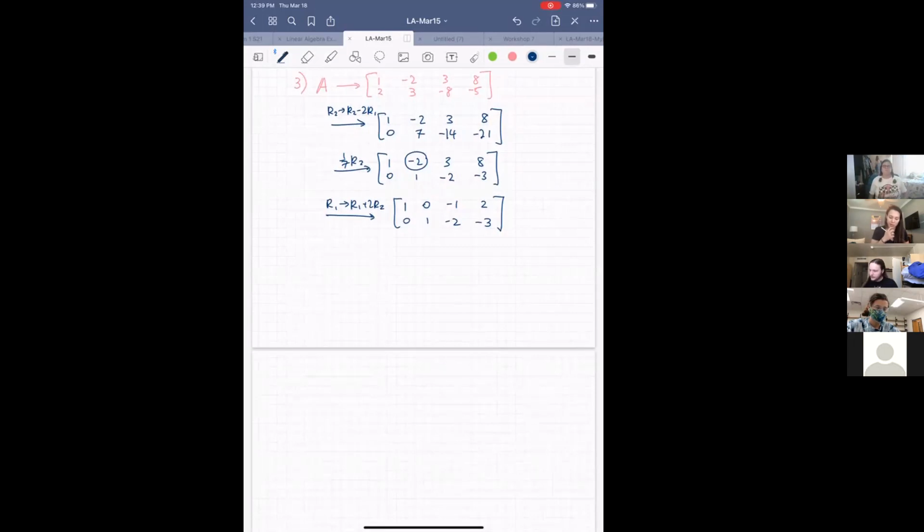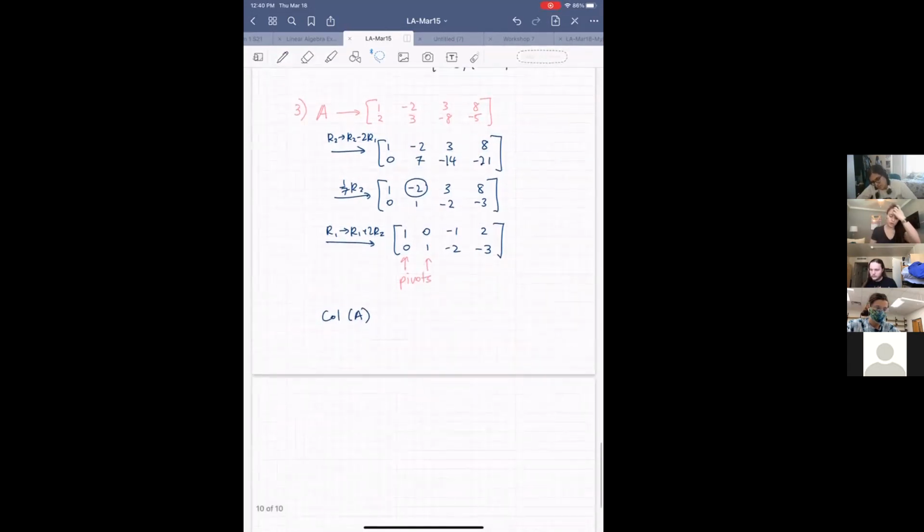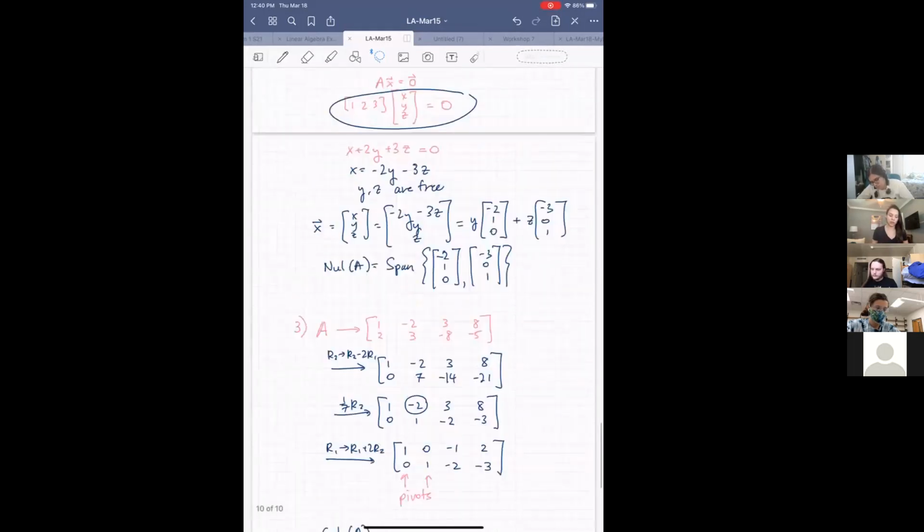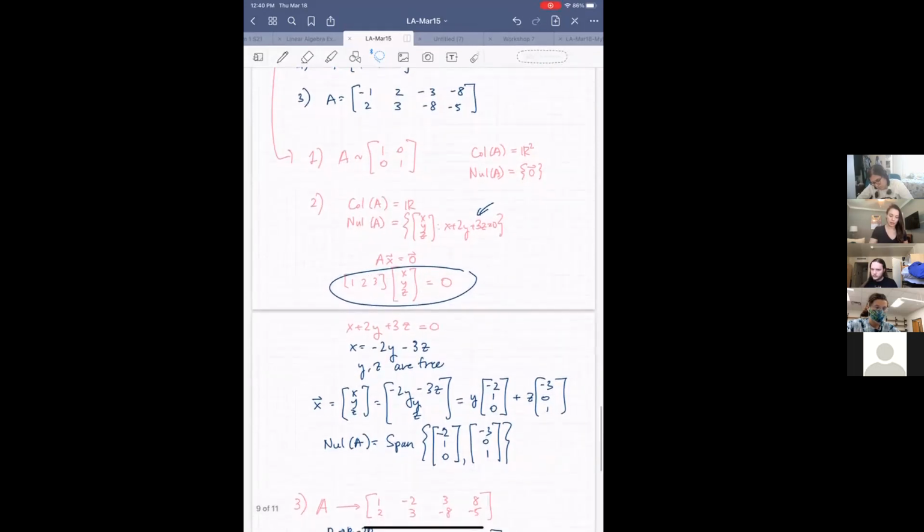Okay, so what do we know about the column space? Right? So we have two pivots, right? So pivots in the first two columns. And so our pivot columns from the original matrix are going to be the first two columns in the original matrix. So that was this guy up here.